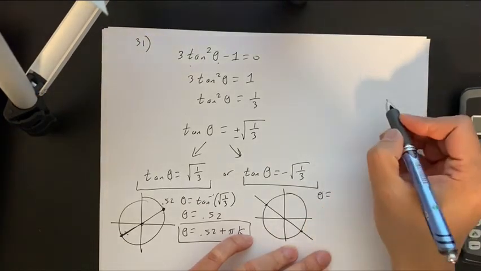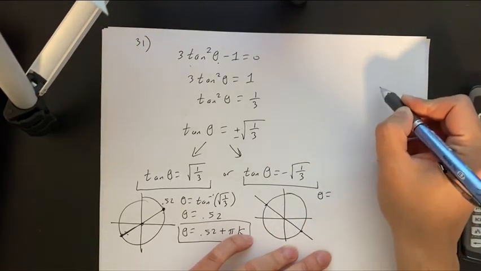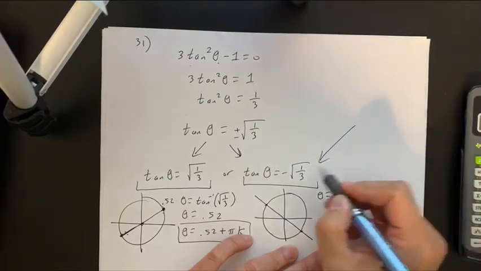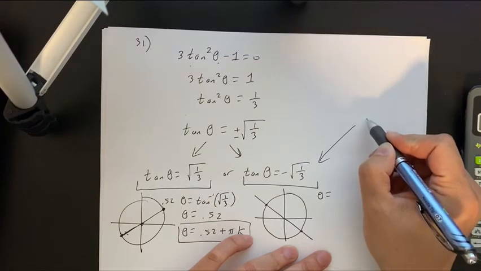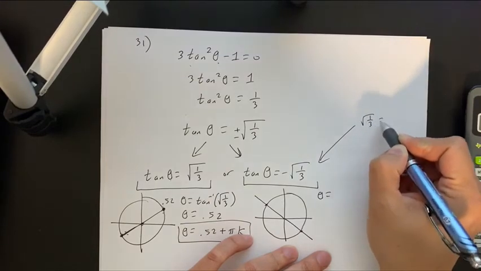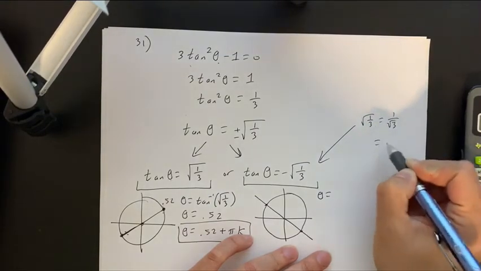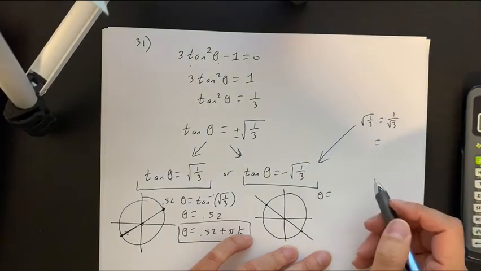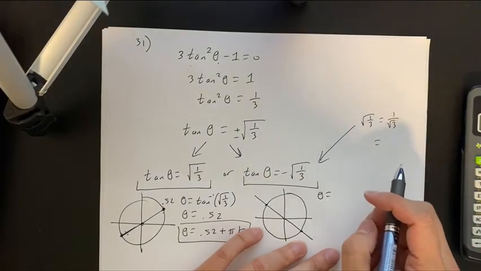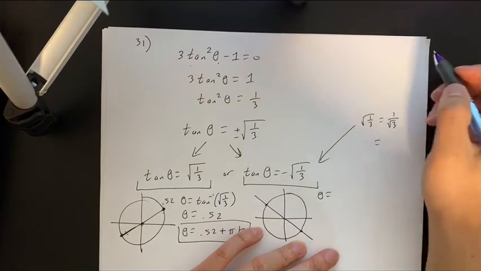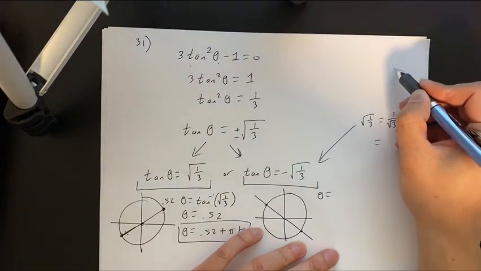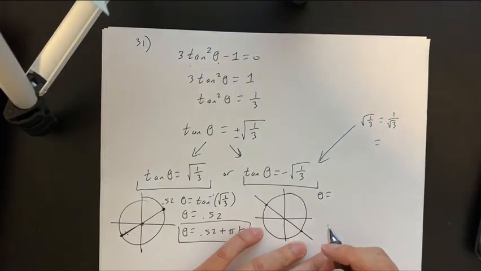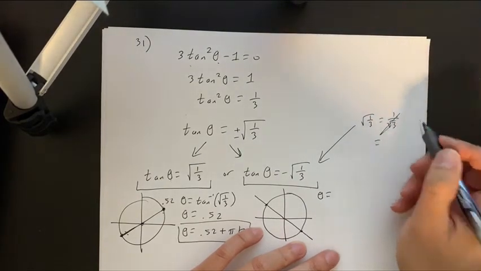I'm just trying to see if this is a nice angle or not. If I take root 1 over 3, 1 over root 3, yeah, and I think you get that by, if I take, no, I don't think so. I don't think that's a very nice angle.